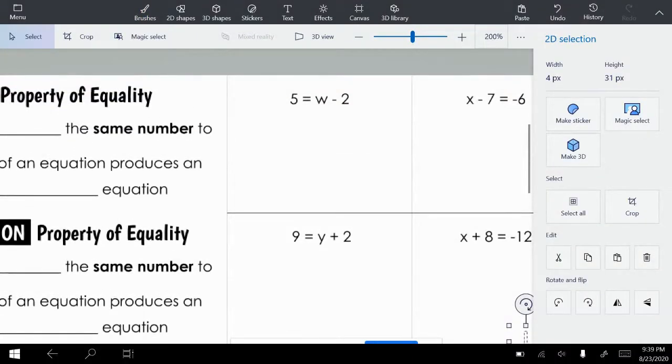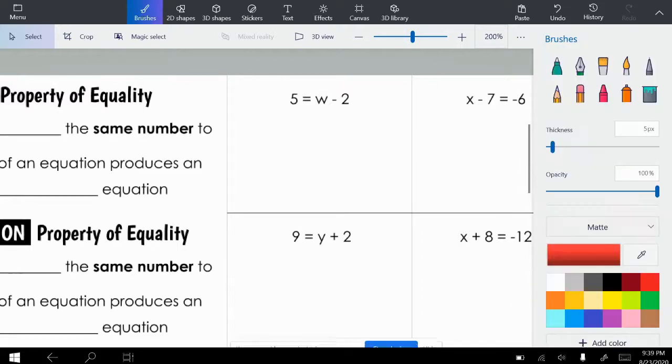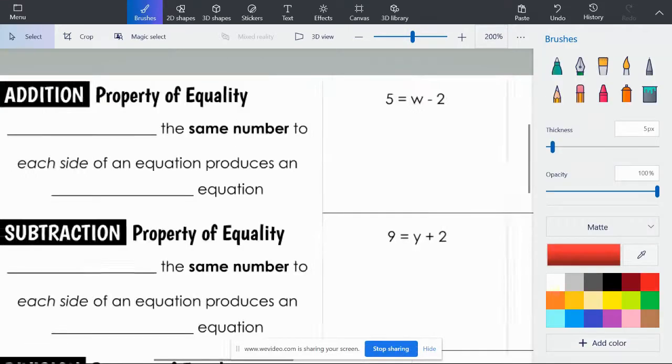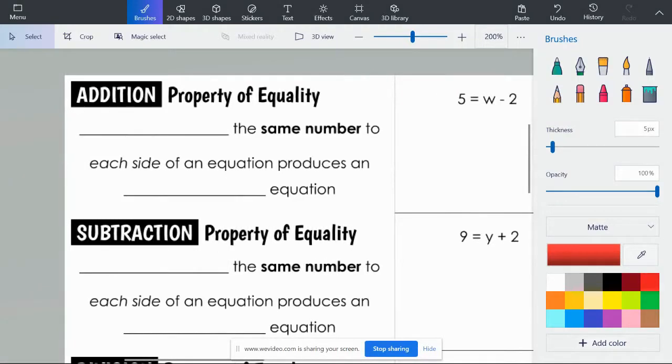Here we are. So these properties of equality, pretty much what they do is they're going to give us an equivalent equation, an equation that's going to be equal to the original one.